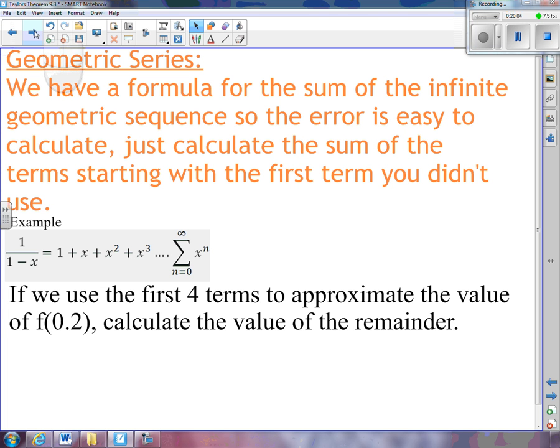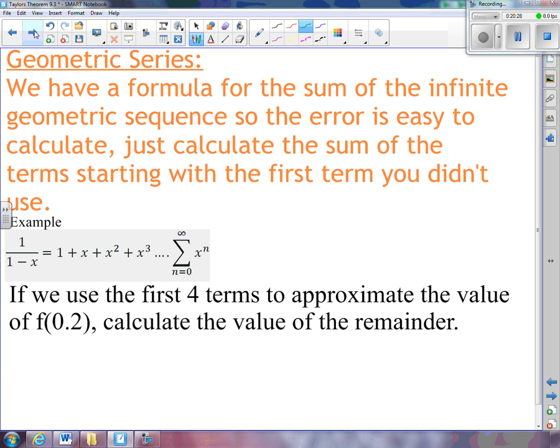So we have a formula for the sum of an infinite geometric series. So the error is easy to calculate. We just calculate the sum of the terms that we didn't use. Do you remember the formula for the sum of a geometric series?